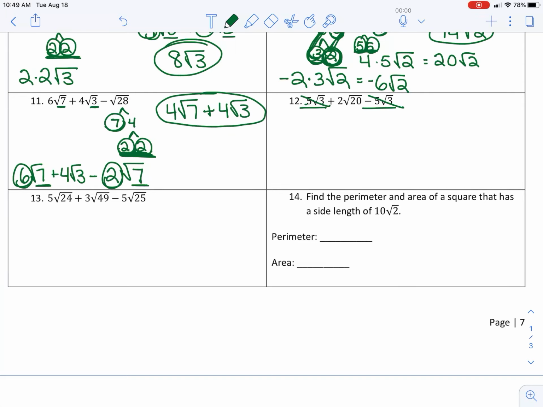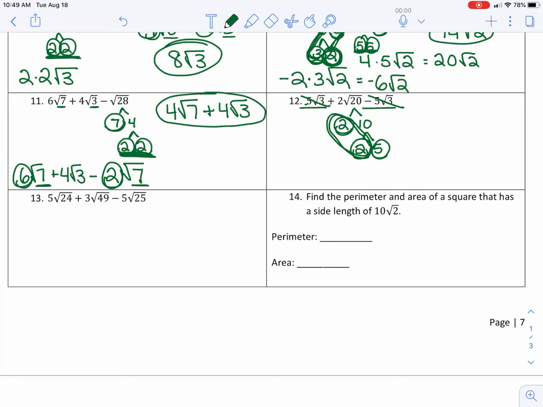Now, do not leave it as 2 root 20 because that is not simplified as far as it can go. We want to go ahead and break 20 down. So I'm going to just say 2 times 10. 2 is prime. Let's break down 10 to 2 times 5. Okay. And so if we look at this, I have a pair of 2s.